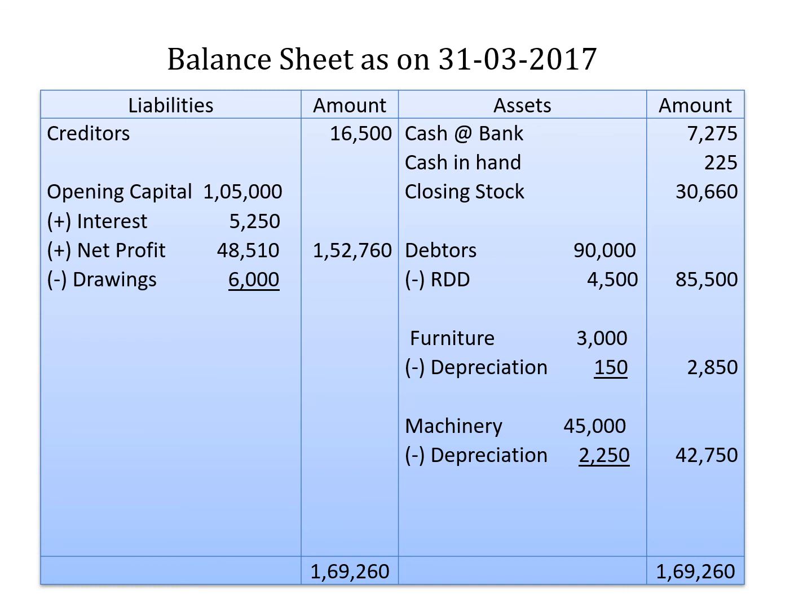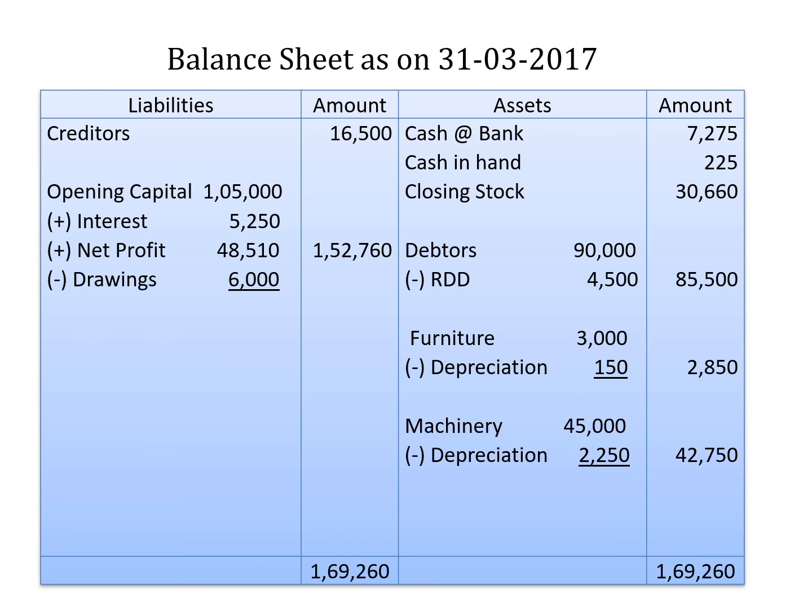Coming to debtors, come to the inner column to see if you have any reserves to be deducted. So debtors 90,000 less reserve on doubtful debts 4,500. So 90,000 minus 4,500 will be 85,500. Next, furniture. Closing furniture is 3,000.